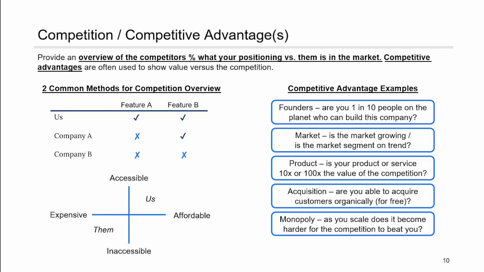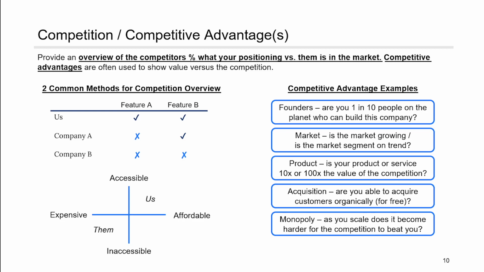Or on the far right, after feature B, imagine a column that says cost, and we go, oh, we all have a lot of similar features, but we have all the features at half the cost, right? What you're trying to win is kind of a logic battle of just, we have this, this, and this, they have this, this, and that, and therefore we're better, right?